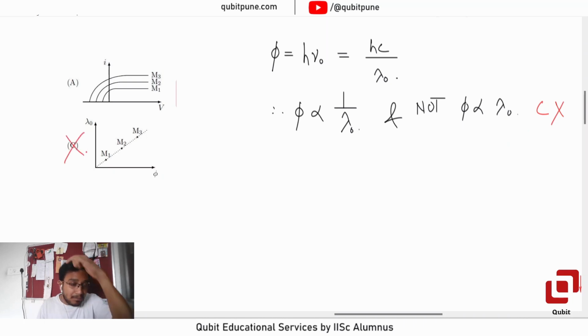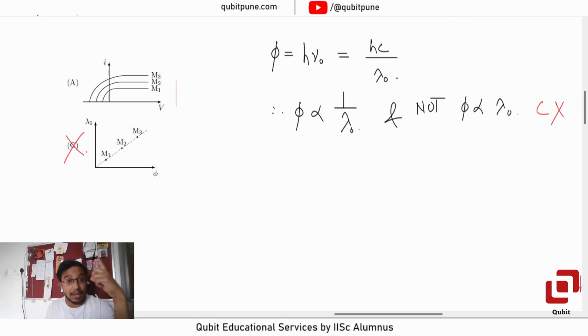Now why can A be not right? Well, the reason is because D is right, but let's argue about A. In A, we have the photocurrent versus collector plate potential V, and what you see in the first quadrant is our saturation current. What you see as the intersections with the V axis are the stopping potentials.